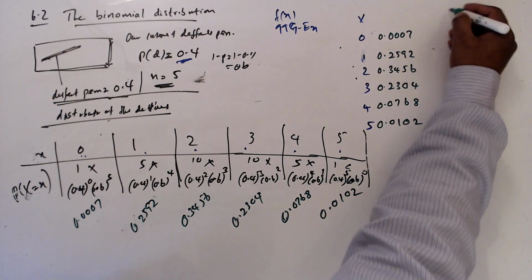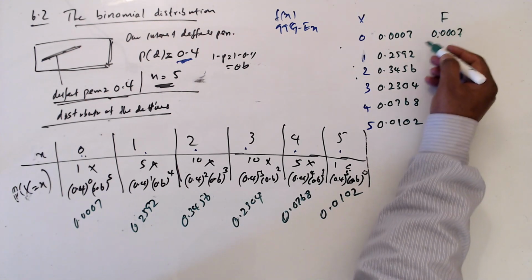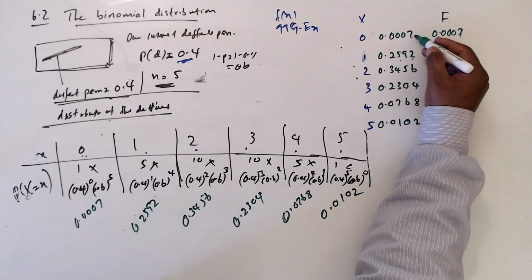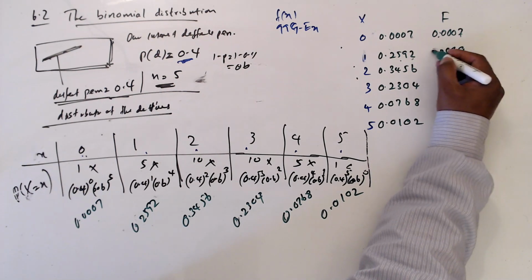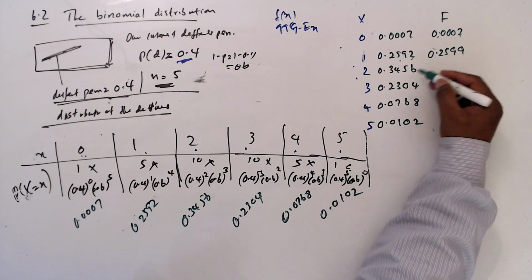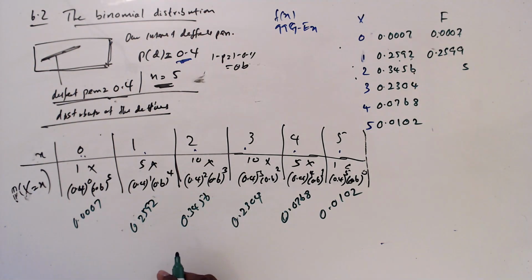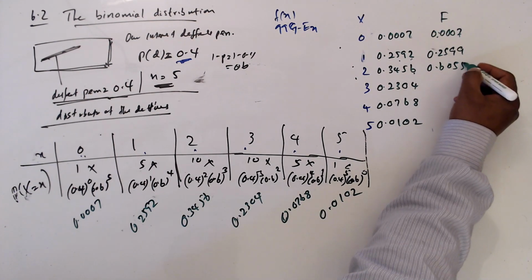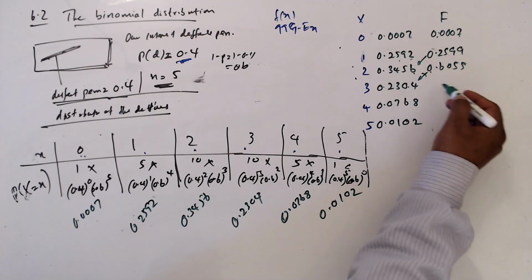Now I'm going to find the cumulative probability, F. When I add these values, 0.0778 plus 0.2592 gives 0.337, and then adding the next gives 0.6826.